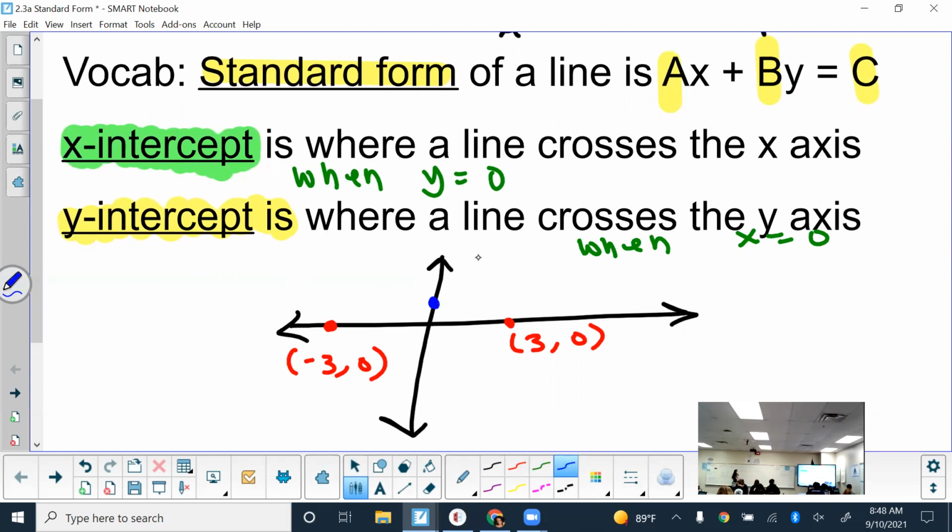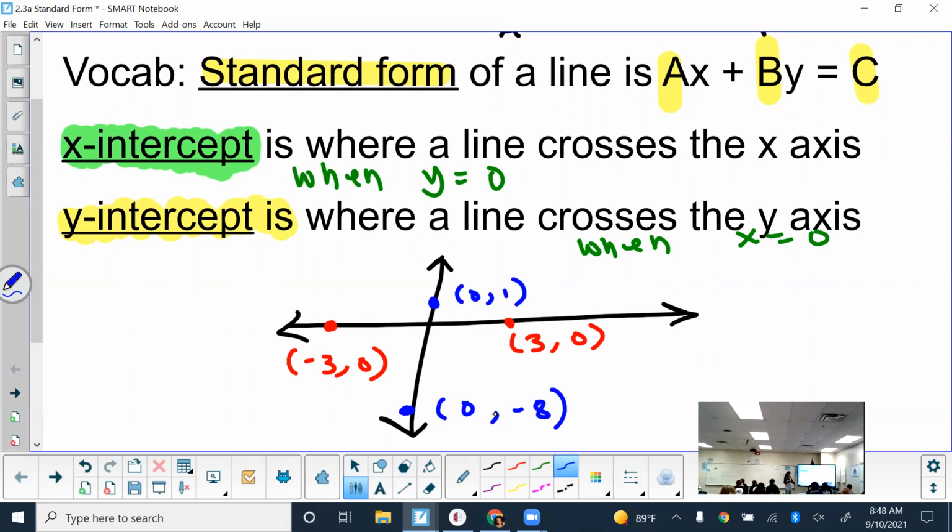So if I do this point, let's say it's 0, 1, right? 1 is my y-intercept. That's x equals 0. Let's say I'm down here. It would be like 0, -8. Well, -8 is my y-intercept because x is 0. All right, that'll be helpful later, but just have those definitions in there. Any questions?